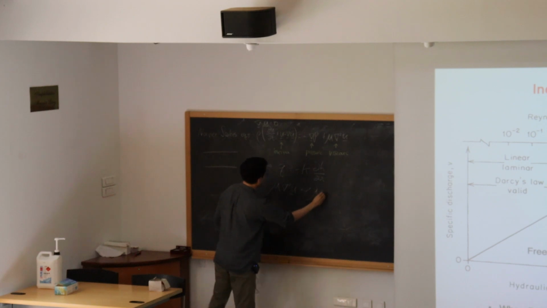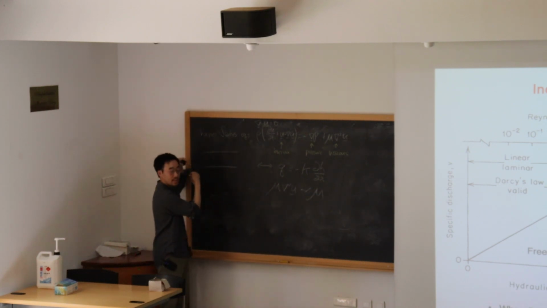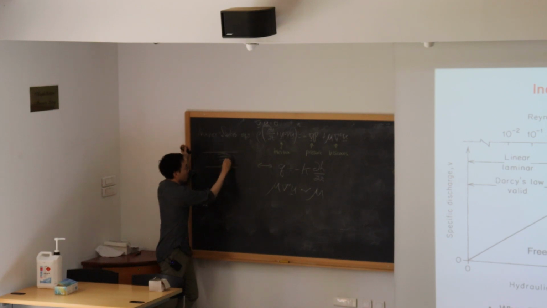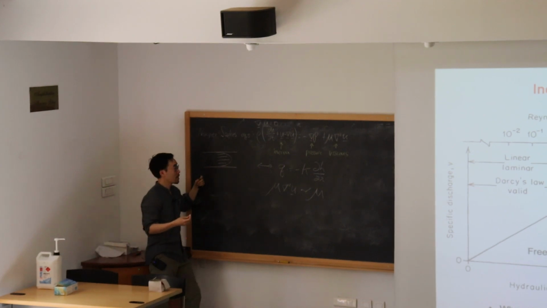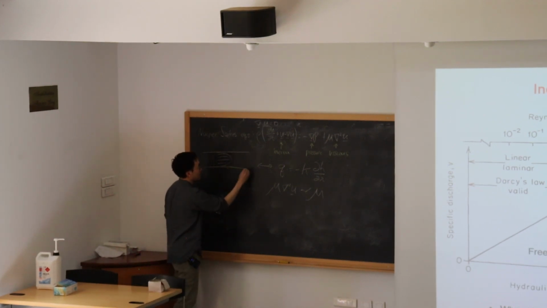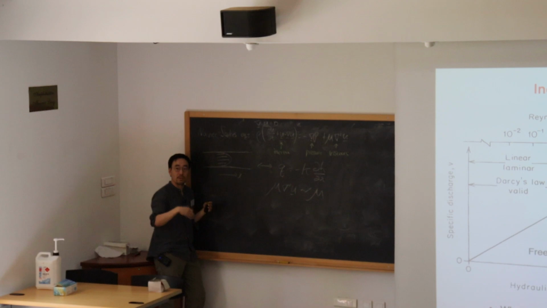Let's think about the single fracture, a single fracture with parabolic velocity profile. What should be the relevant length scale for the velocity change? At steady state, do you think the parabolic profile will change in the x direction? No, right? So what should be the relevant length scale if you want to understand the velocity change?